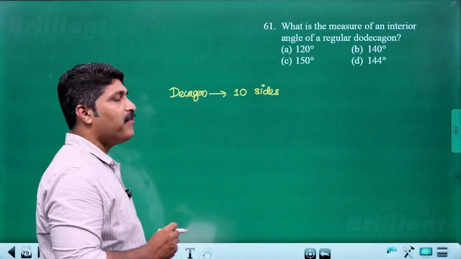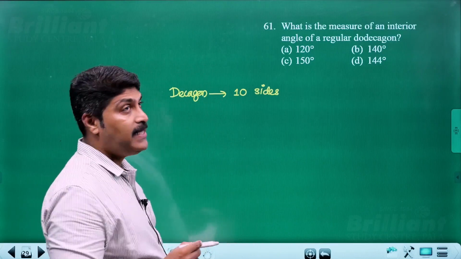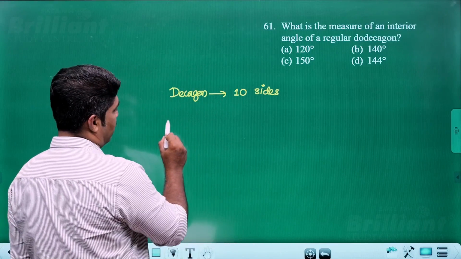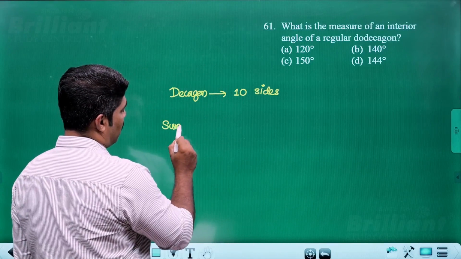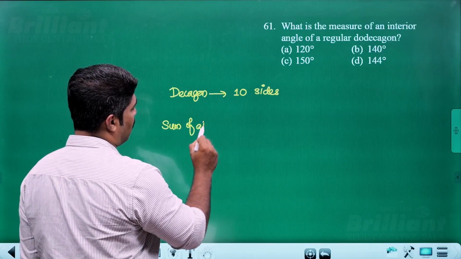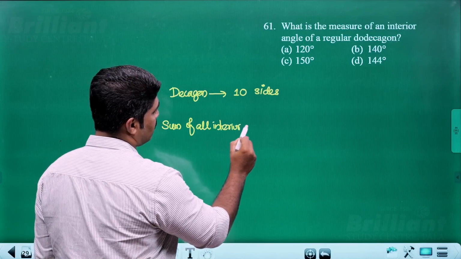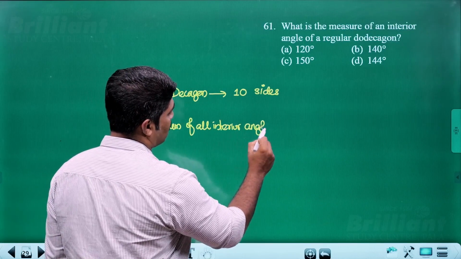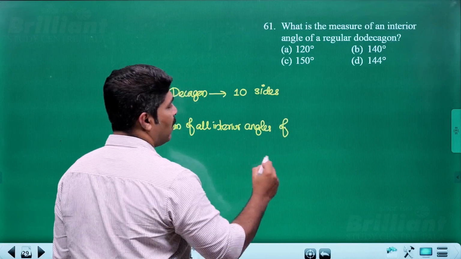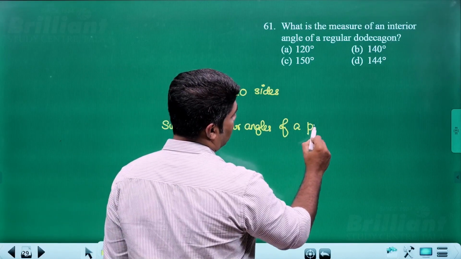So how to find the sum of all interior angles of a polygon?